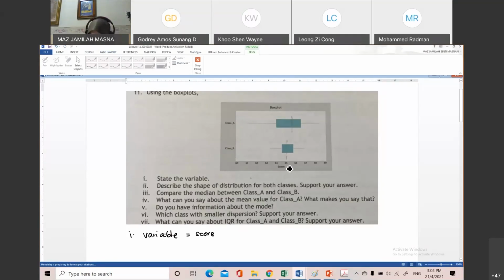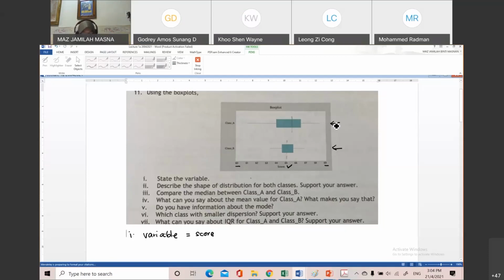Because it is the interest of study that is being discussed. We are talking about the score from class A and score from class B, and the score is from 60 until 69. We have a different distribution for class A and a different distribution for class B.